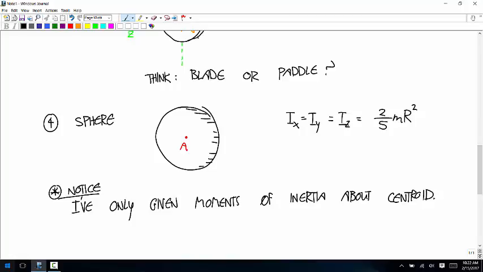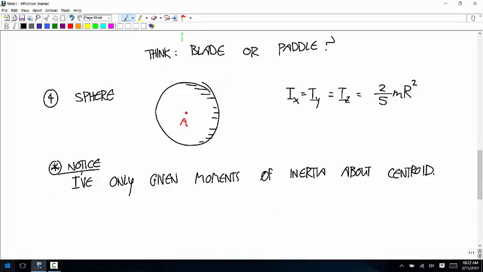So we know that there are cases where we're not going to want our about point to be at the centroid. And if there's not a way to translate from the center of mass, from the centroid, to some other point that we choose, we have a problem. So there has to be a way to use these formulas to represent the moments of inertia about other points, or this has very limited usefulness.